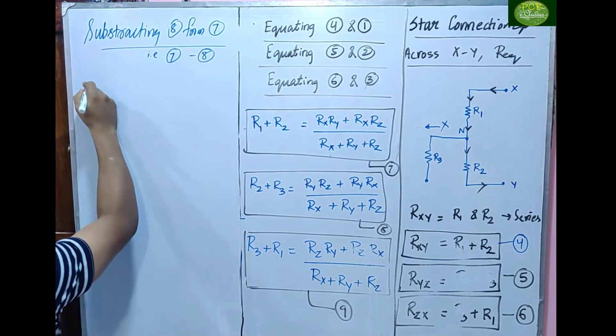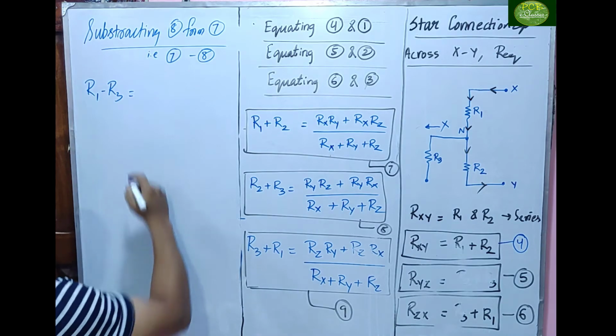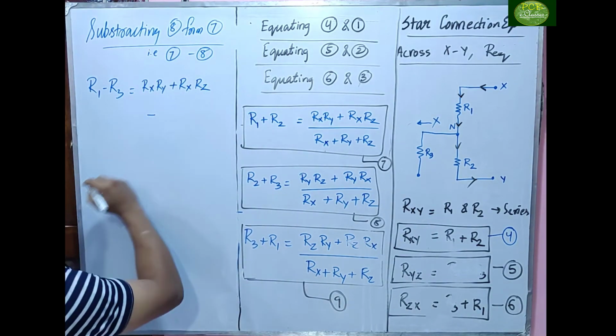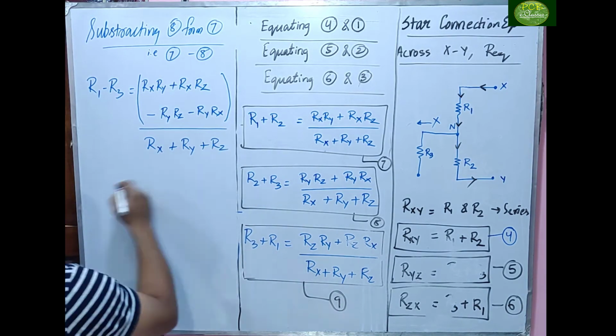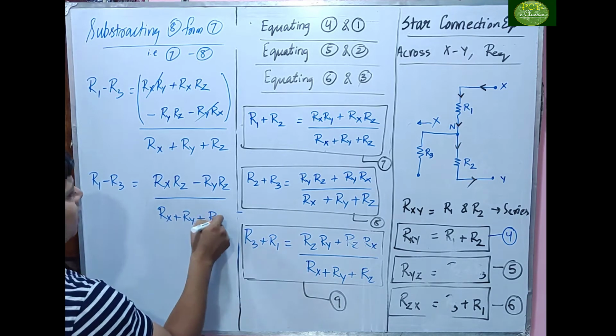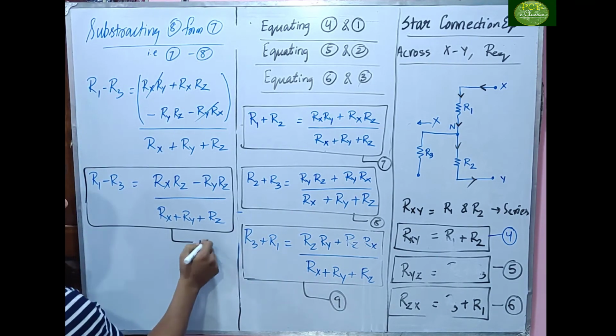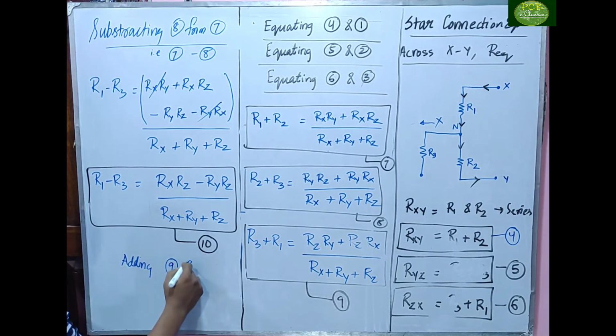So what is the equation we will be getting? R1 minus R3 is equal to... Fine. Now adding 9 and 10.